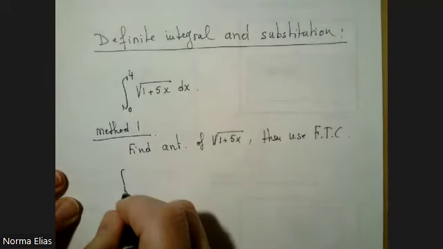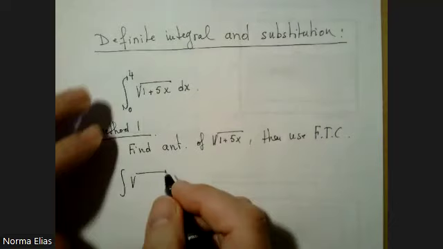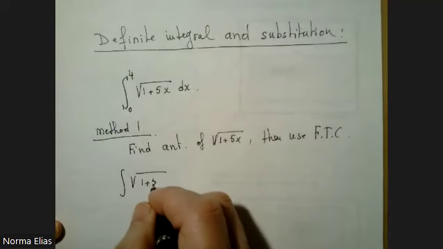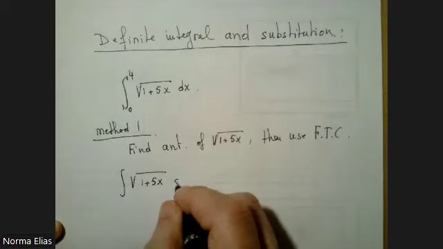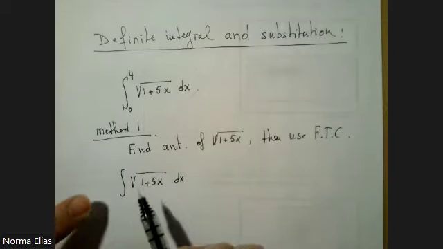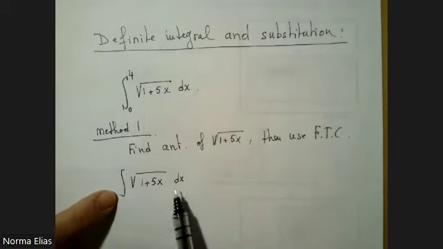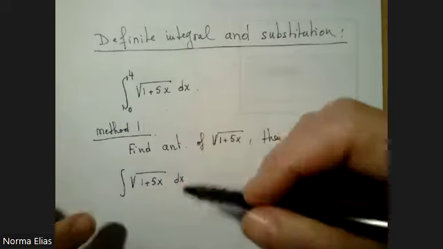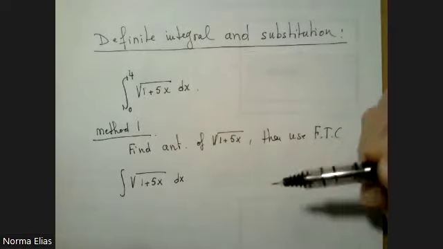So I need the antiderivative of that. So I forget for a little bit about 0 and 4, and I focus totally on the antiderivative. And the reason we use this notation for indefinite integral is because of the fundamental theorem.